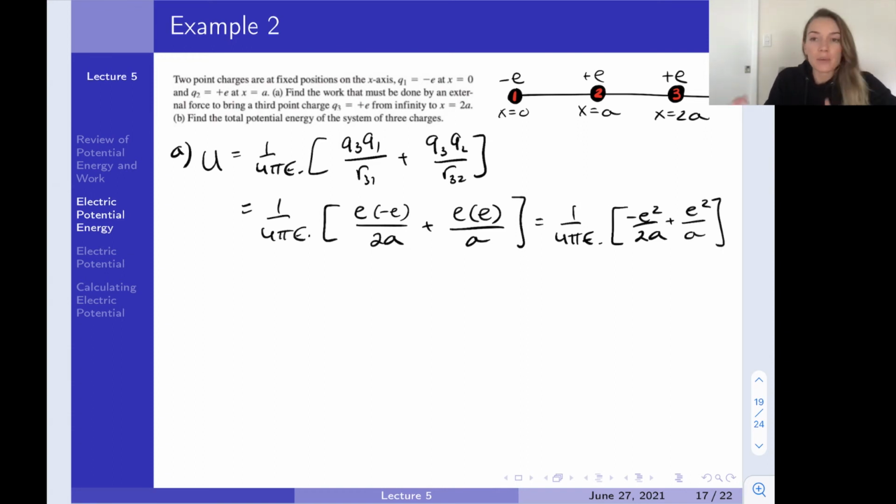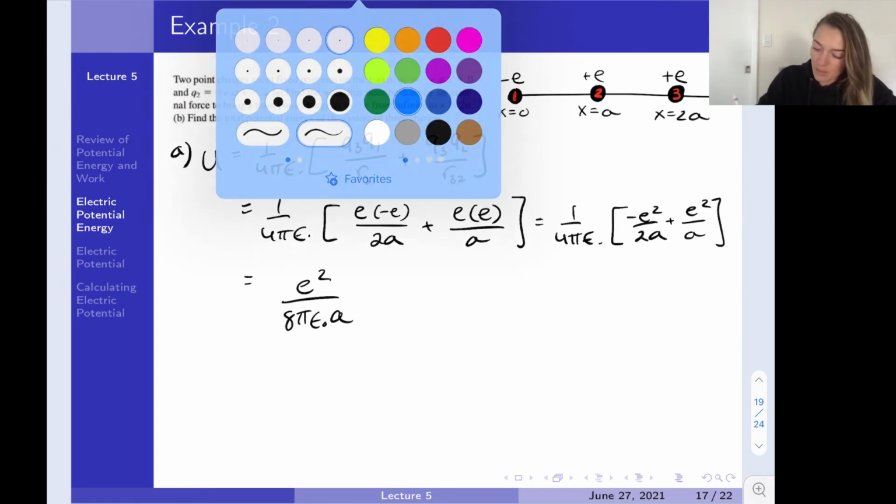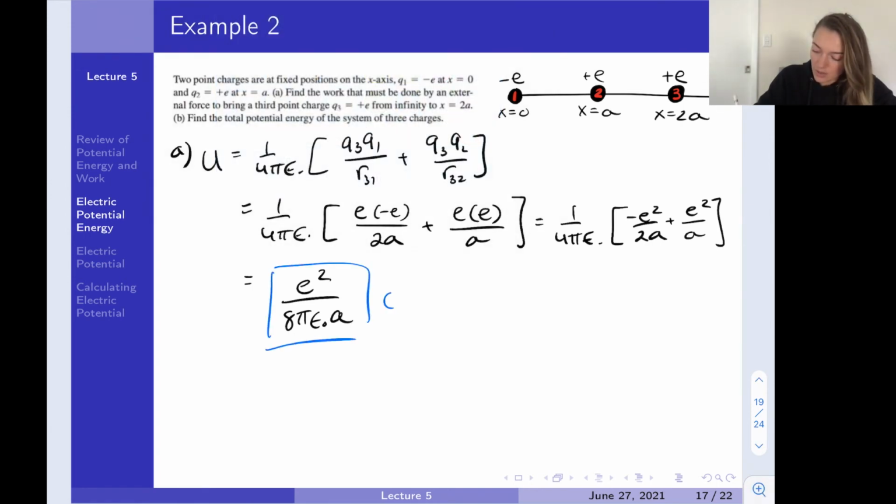So you can leave it that way, that's fine, or you can simplify it and write it as e squared over 8 pi epsilon naught a. So that's how much work I have to do, and this is in joules. That's how much work I have to do against the electric field of these two charges to bring in this third charge and place it at a location x equal to 2a.